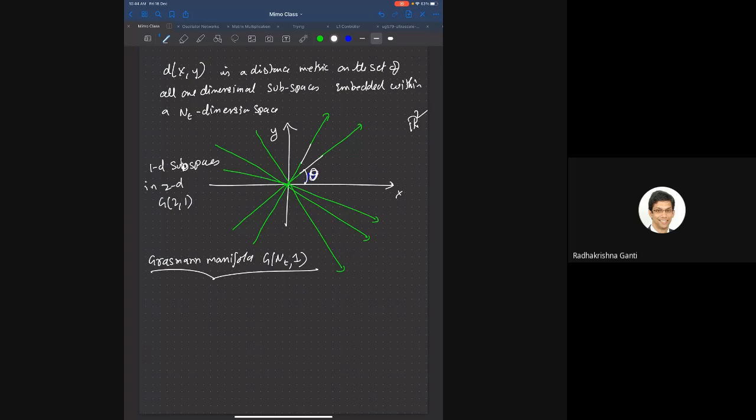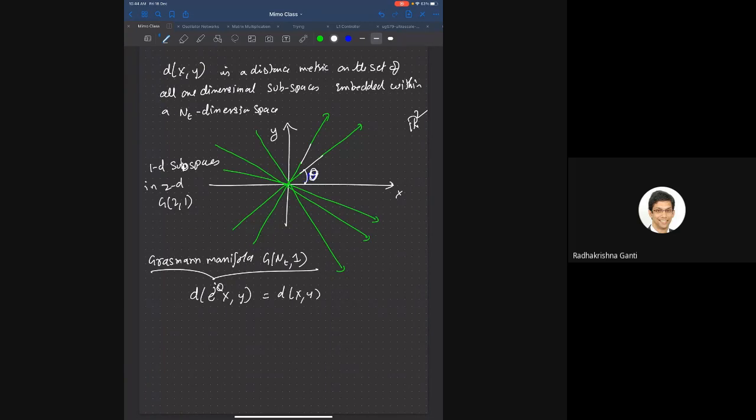Okay, one more property of dxy is d of e power j theta x comma y equal to d of x y.